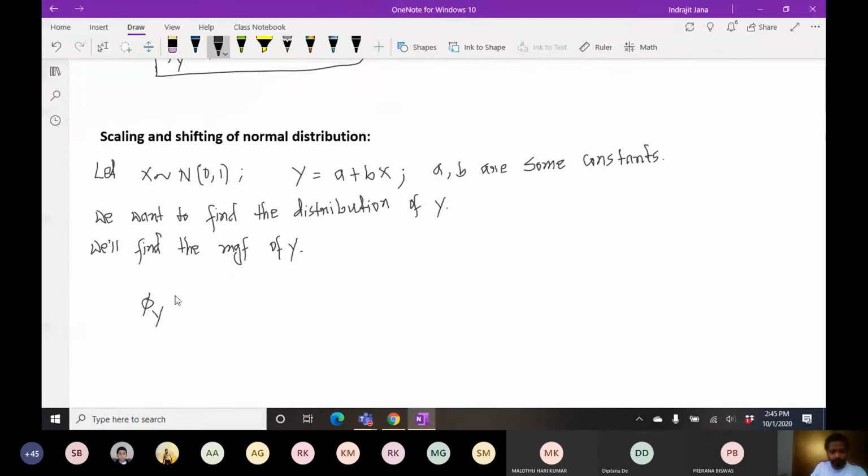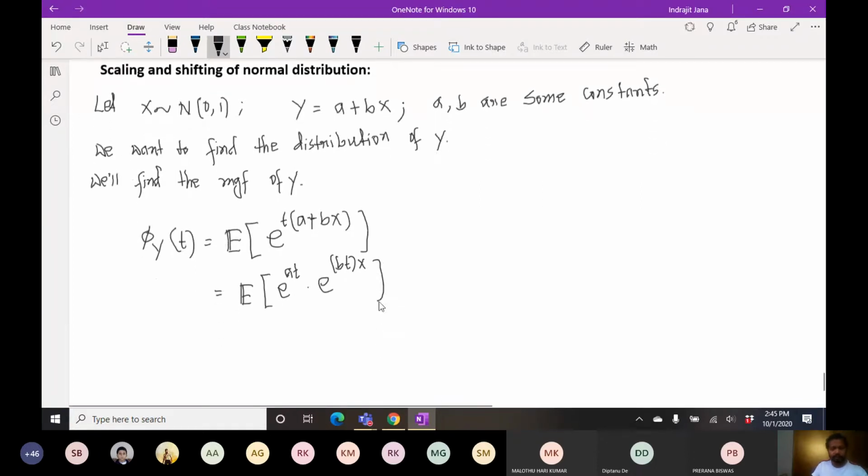Phi_y(t) is the expectation of e to the power t times (a plus bx), which is the expectation of e to the power at times e to the power btx.